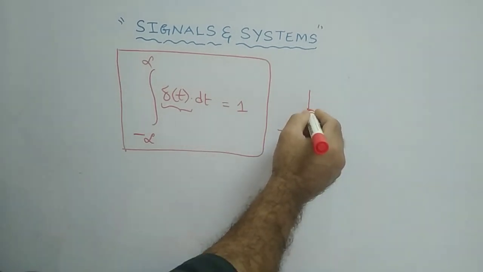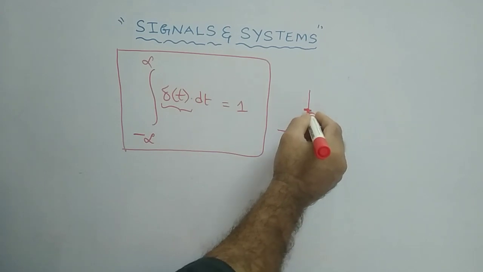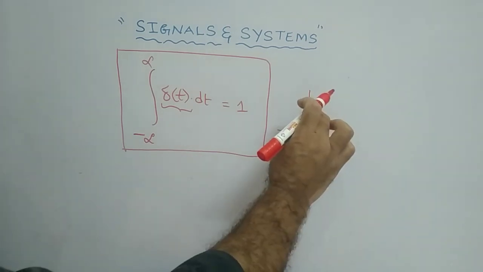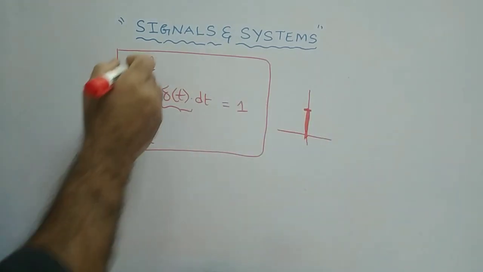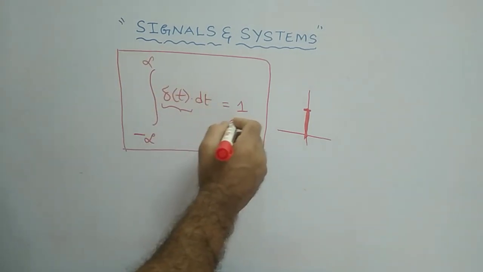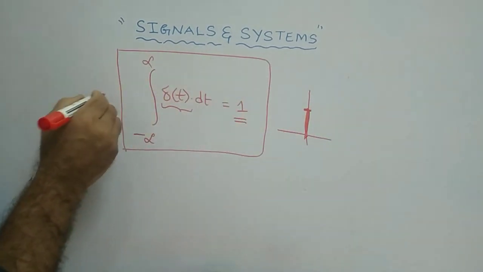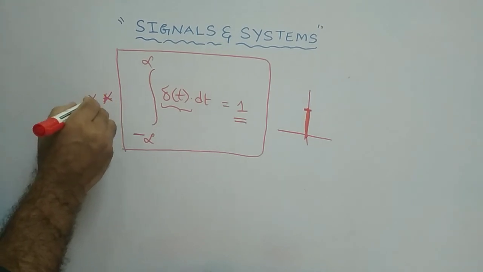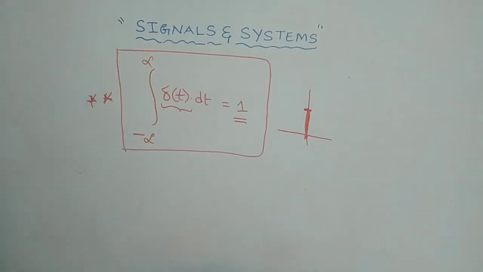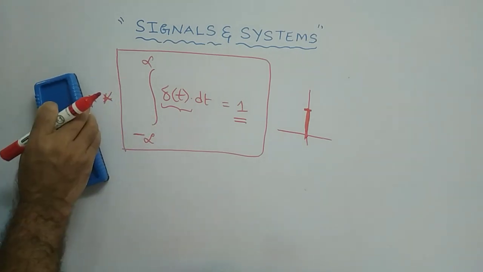So under this graph, what is the total area? That area should be 1. The total area under the curve is equal to 1. This is a very, very important property of the impulse function. The integral over -infinity to +infinity of delta of t dt is equal to 1. Clear? This is a very, very important property.